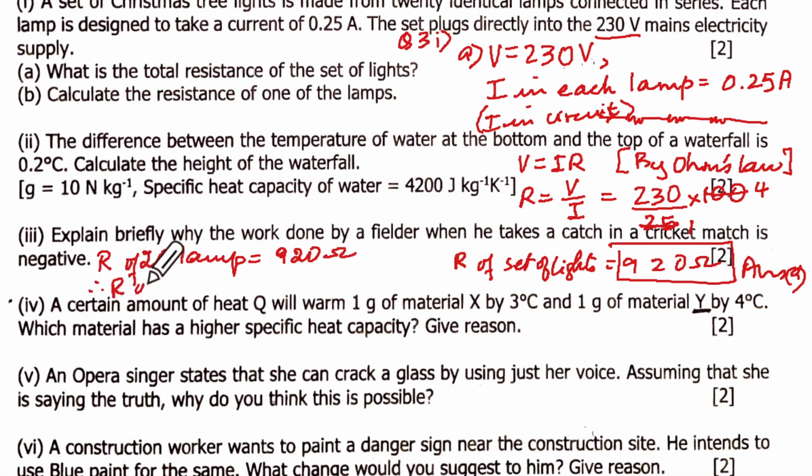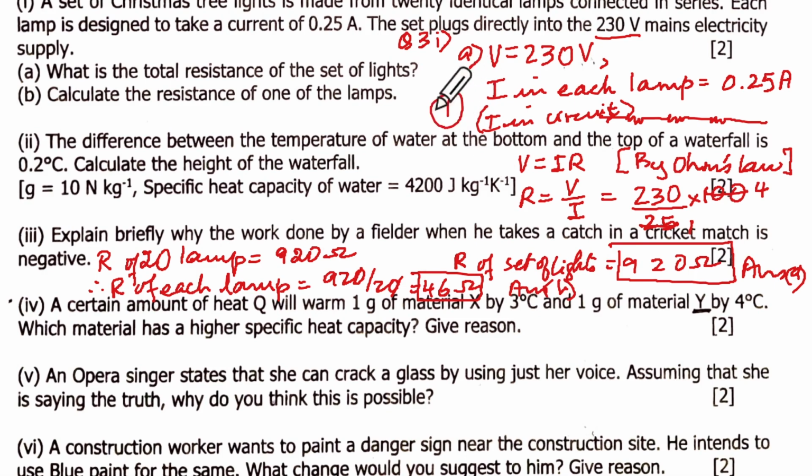Therefore, resistance of each lamp, write it fast and neatly, will be equal to 920 upon 20. Agreeable to you? 46 ohm. Alright, so this is your answer B. This was for 2 marks, 1 mark for this and 1 mark for this.